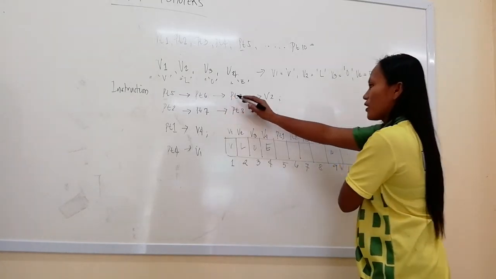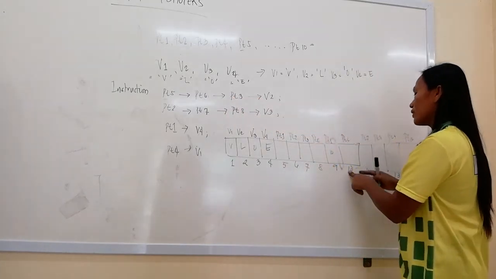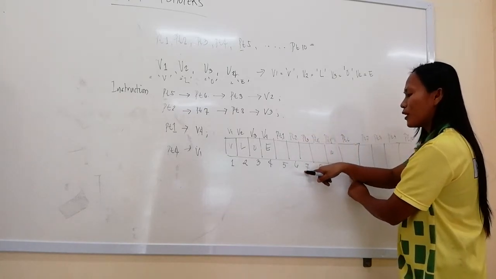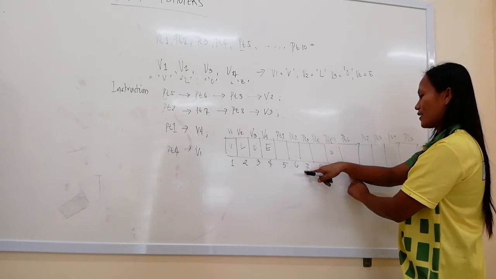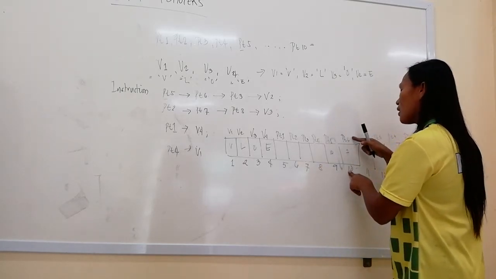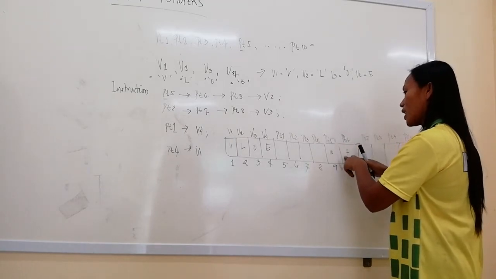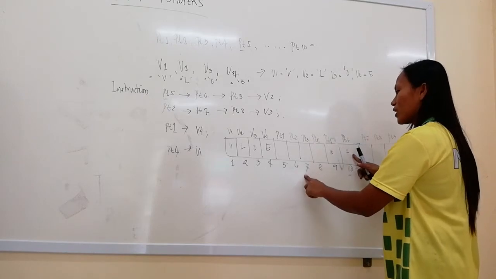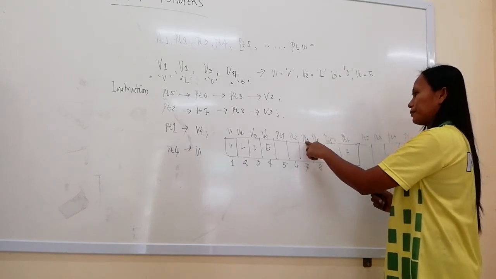Pointer 6 is pointing to the memory address of pointer 3. Pointer 3 is located under memory address 7. Therefore, pointer 6 contains the address 7. Okay, 7 is the memory address of pointer 3.